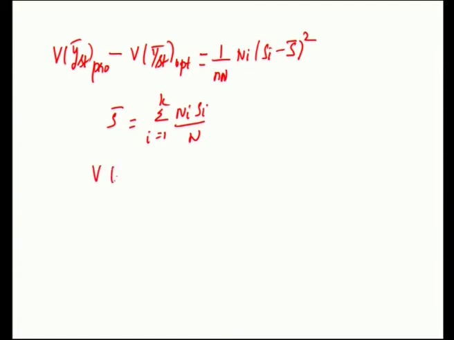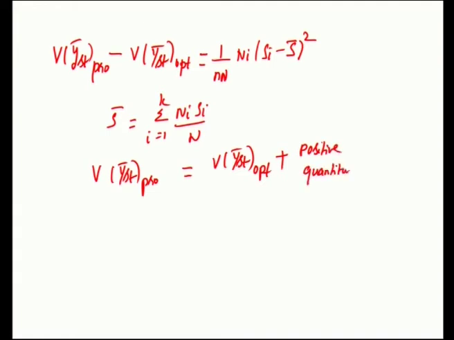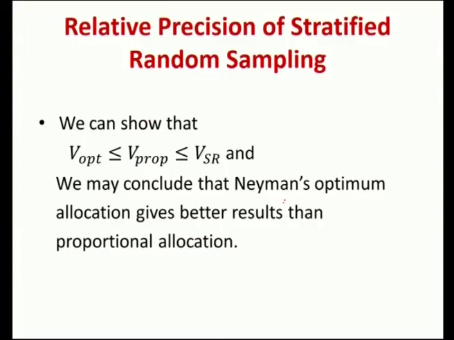We get variance of YST bar in proportional allocation to be variance of YST bar in optimum allocation plus some positive quantity, which shows that variance of YST bar under proportional allocation is greater than the variance of the estimator under optimum allocation.